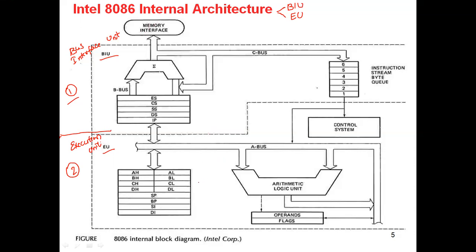Its function is to control the operations on data using the instruction decoder and ALU. This execution unit has no direct connection with the system buses. You can see in the figure that it has no direct connection with any of the buses.